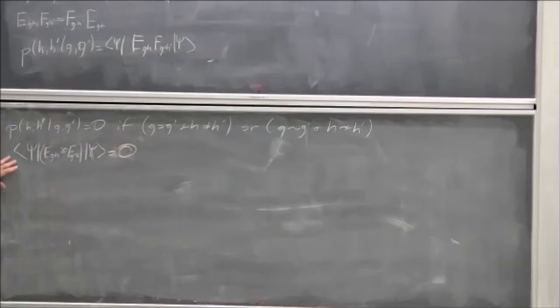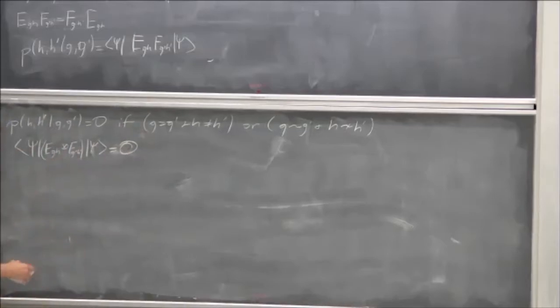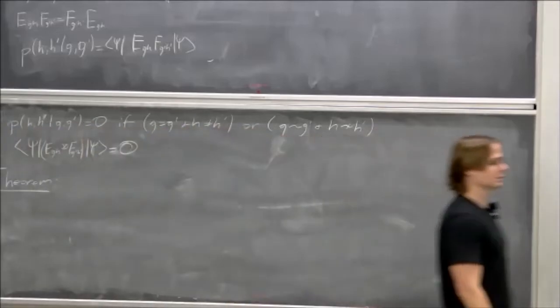But because of this, you can get a nice reformulation, which I'm just going to give as a theorem without the proof, and then we can use that as our definition if we want for quantum homomorphism. I didn't define quantum homomorphism, but it's obvious what the definition is, right?